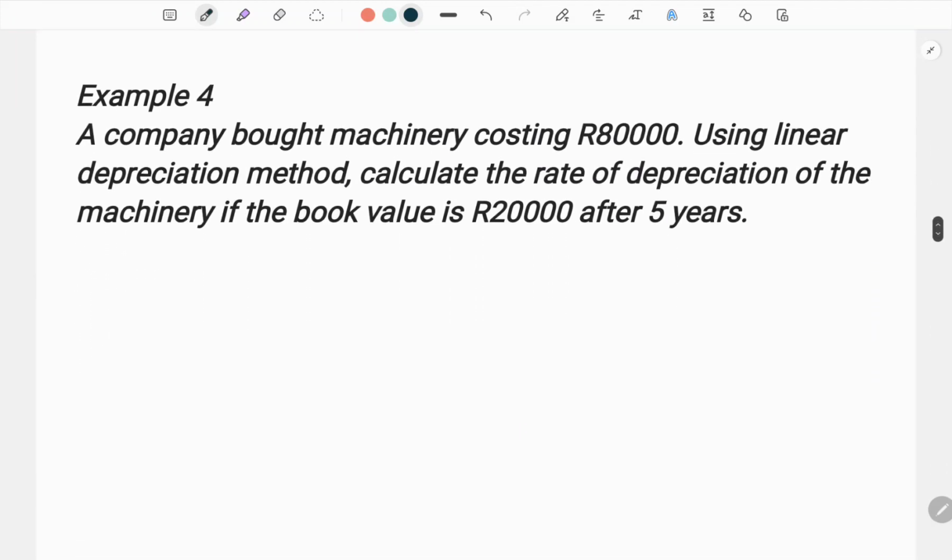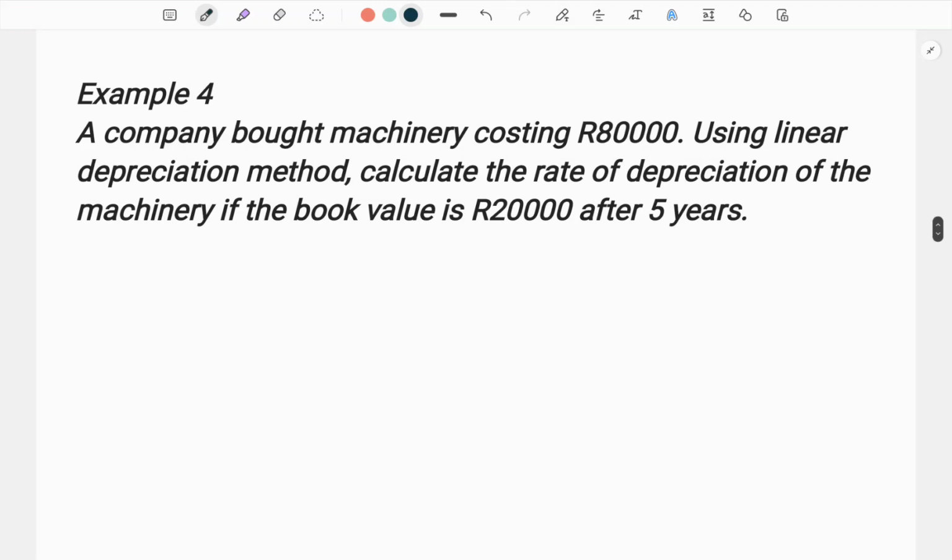Next question. A company bought a machinery costing 80,000 using the linear depreciation method. Calculate the rate of depreciation.